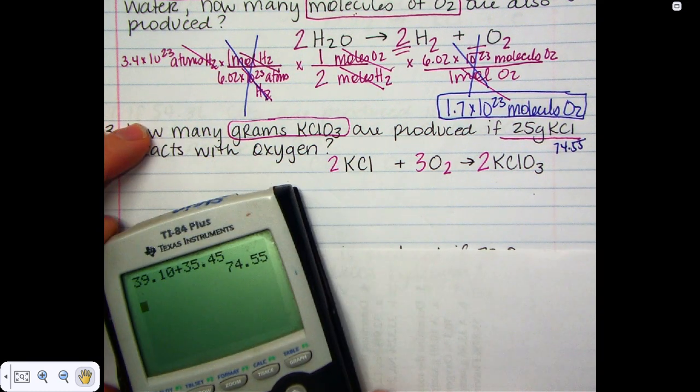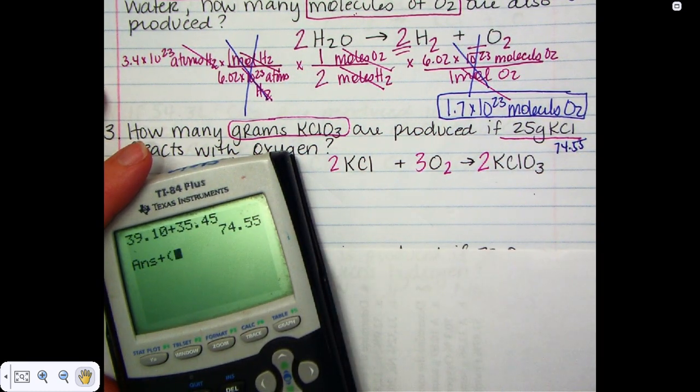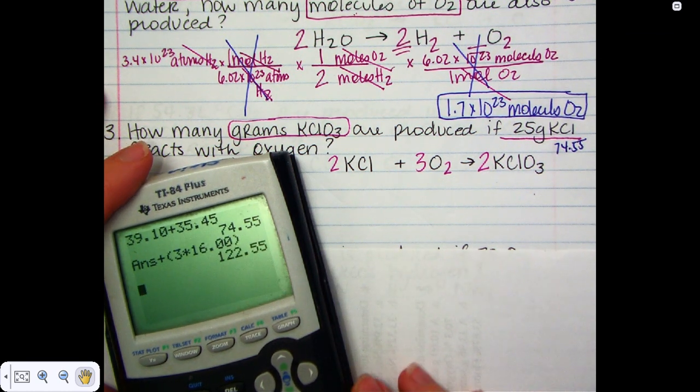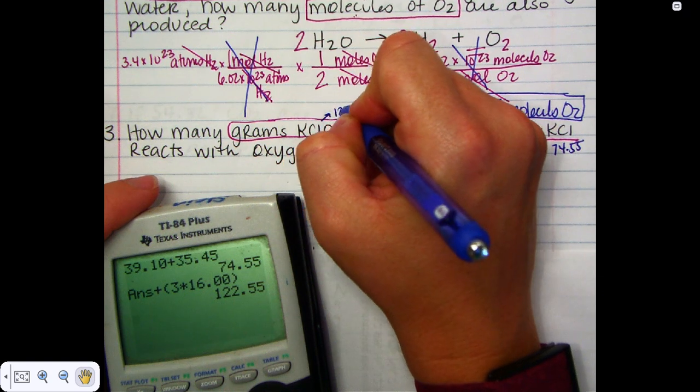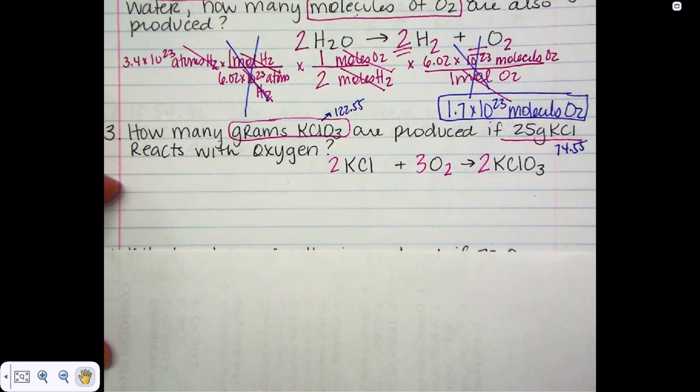And then the KClO3 is just this plus 3 oxygens, so plus 3 times 16.00, 122.55.